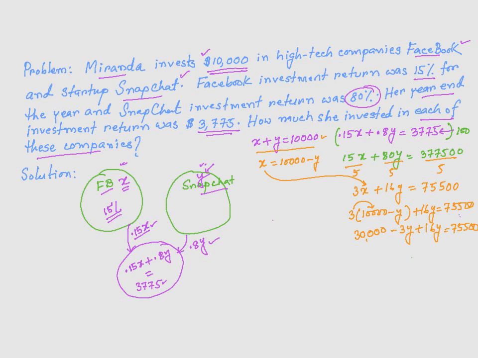75500. Now I'm going to simplify these things. It's going to be 30,000 plus 13Y, because negative 3Y plus 16Y is 13Y, is 75500. Now I'm going to subtract 30,000 from both sides.